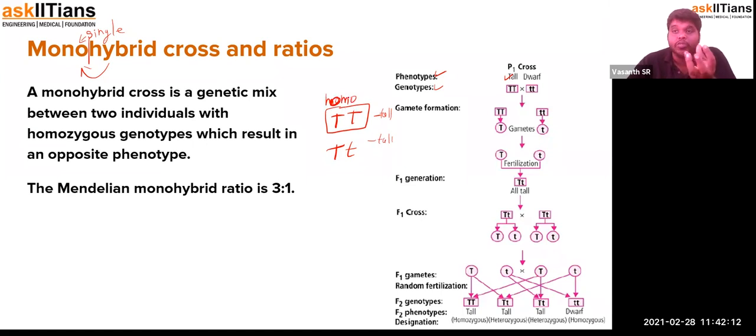Homozygous. And when they are 2 different, it is called hetero, H-E-T-E-R-O, heterozygous.